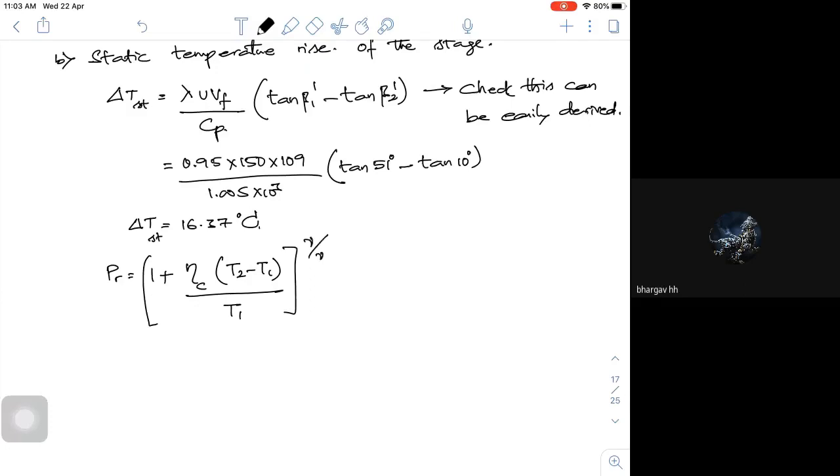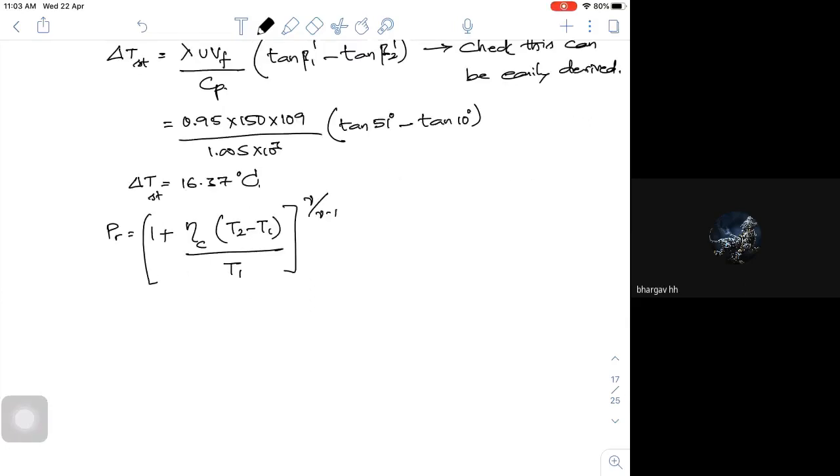So 0.85 into 16.37 divided by 300 Kelvin, to the power of 1.4 divided by 1.4 minus 1. If I do that, I'll get my stage pressure ratio as 1.17.